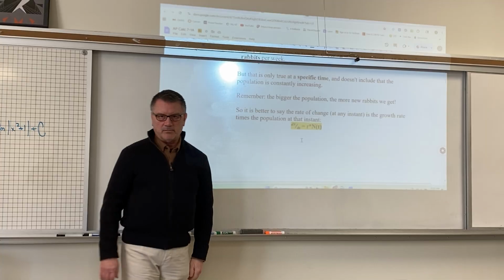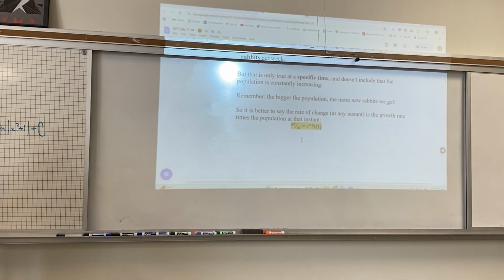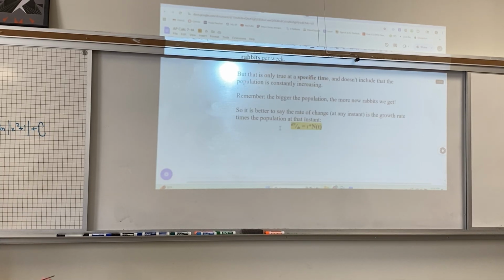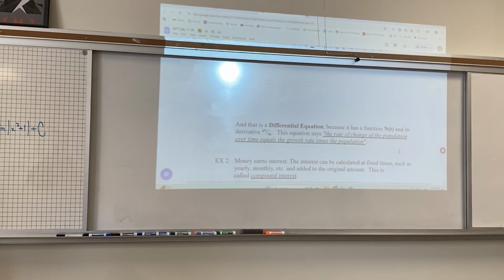And so this is an example of a differential equation. Nothing to do here, just showing you the differential equation, because it has a function, N of t, and its derivative is part of the equation. There's its derivative, there's the function. We can say that this is the rate of change of the population over time equals the growth rate times the population. That might be one way to interpret it.